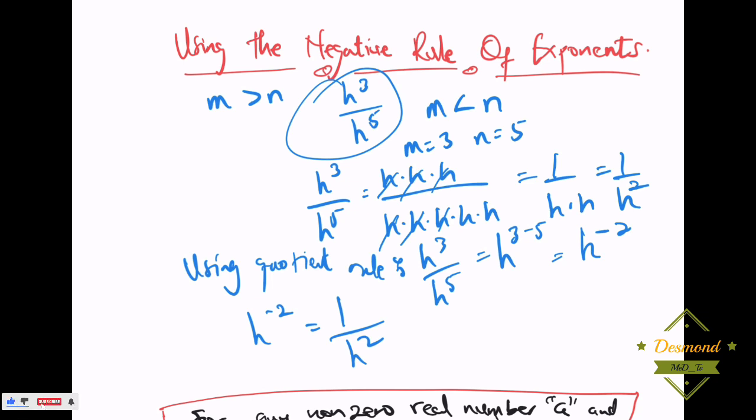So if you have something like a exponent negative n, we should get 1 on a exponent n, and also a exponent n should be 1 on a exponent negative n. That's what we are talking about.